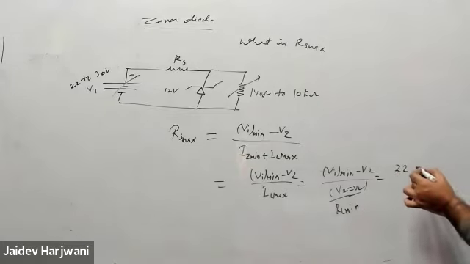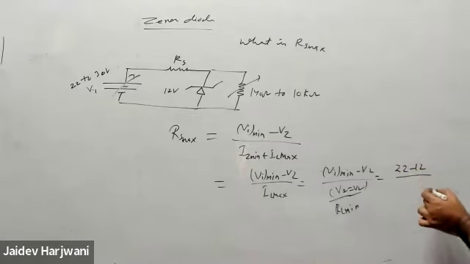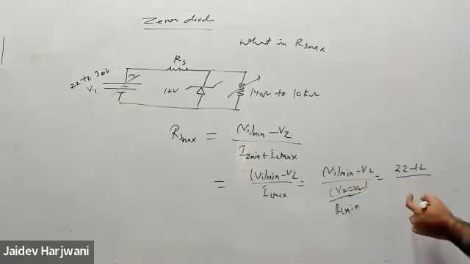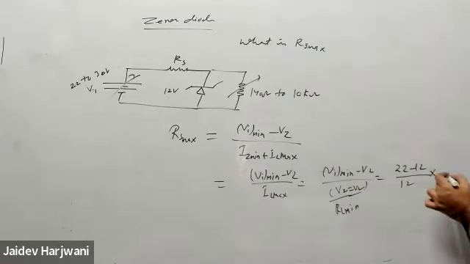So VI minimum is 22 volt, VZ is 12 volt, and RL minimum is 140 ohm.